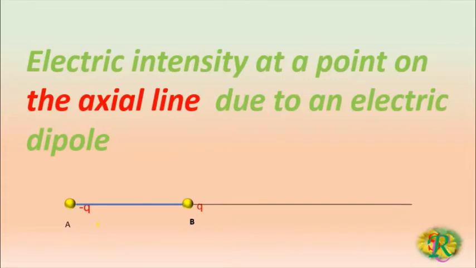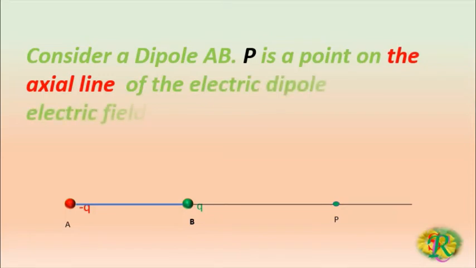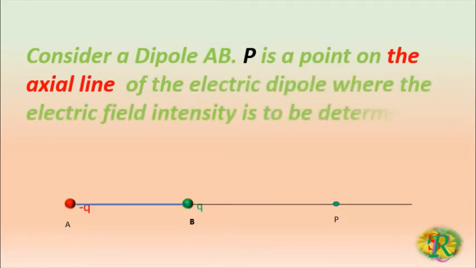You know, this is the axis, and if you extend this axis, this is the axial line. Consider a dipole AB. P is a point on the axial line of the dipole where the electric field intensity is to be determined.